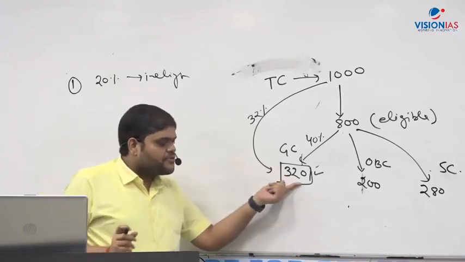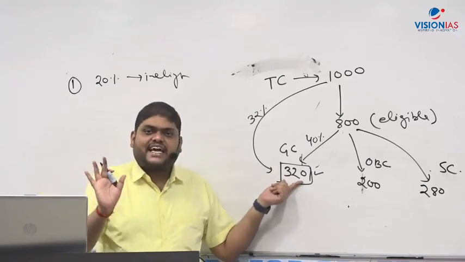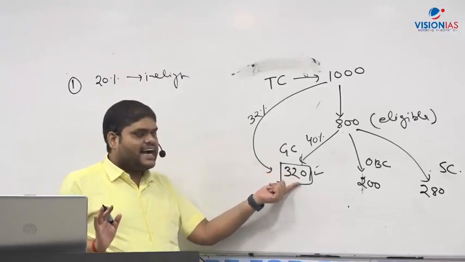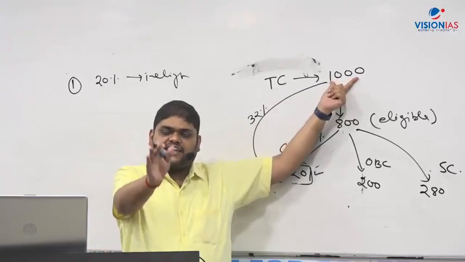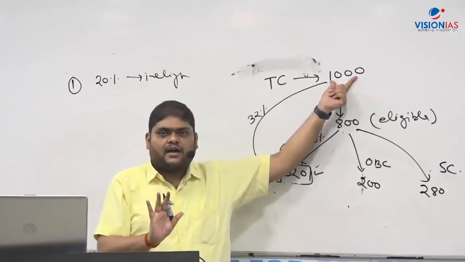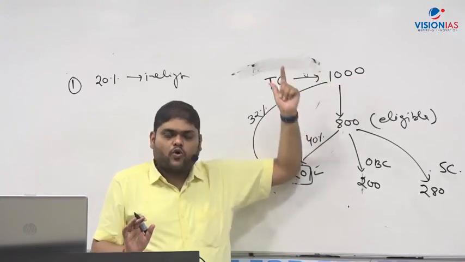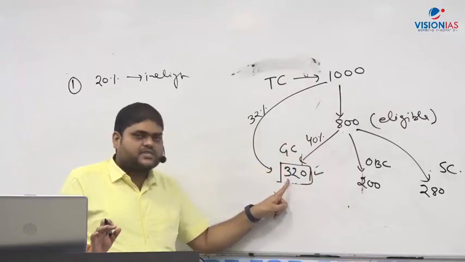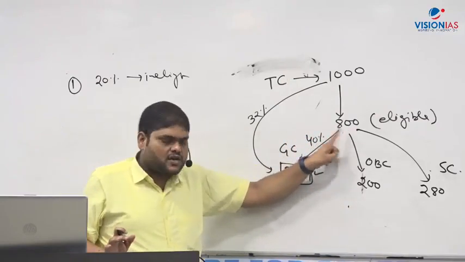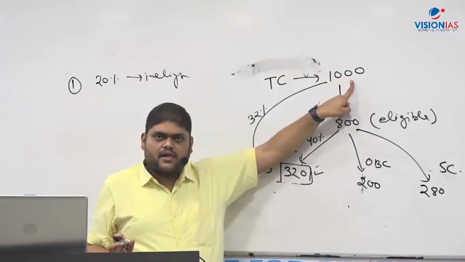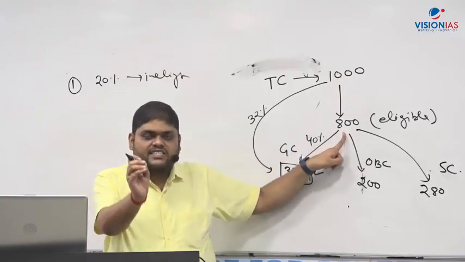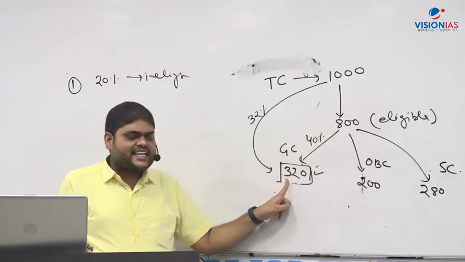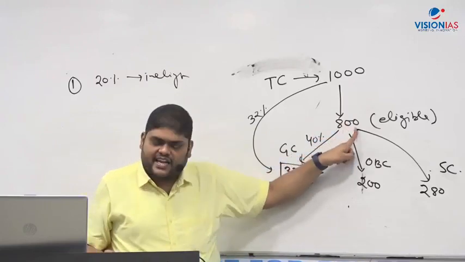So this is the way we can represent the data. That doesn't mean that if I'm calculating 32% of this, eligible and ineligible both are coming. That only means that you can show this value with respect to this or with respect to this. If you are giving the question with respect to this, you will say the general category is 40% of eligible.